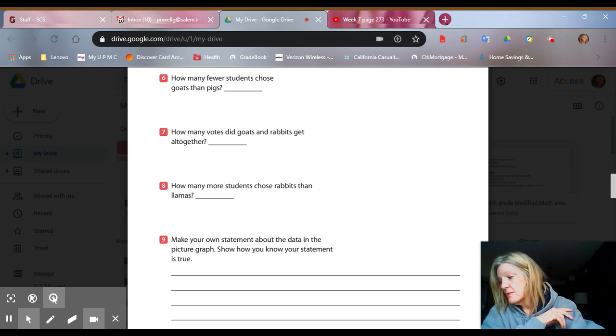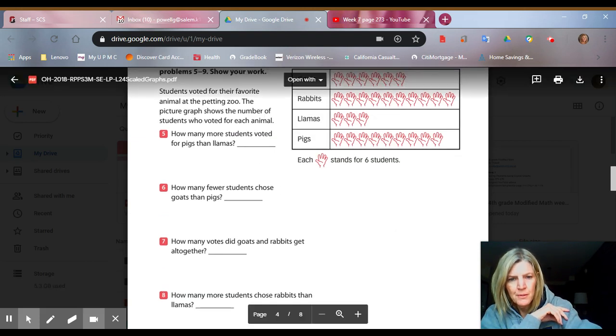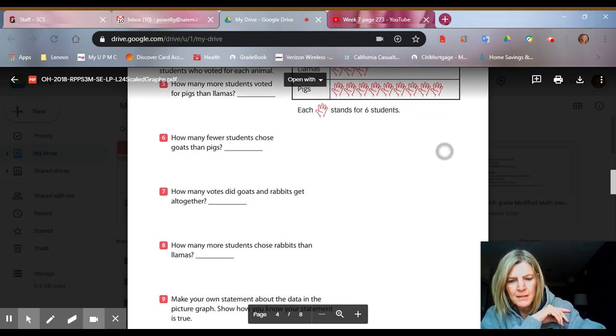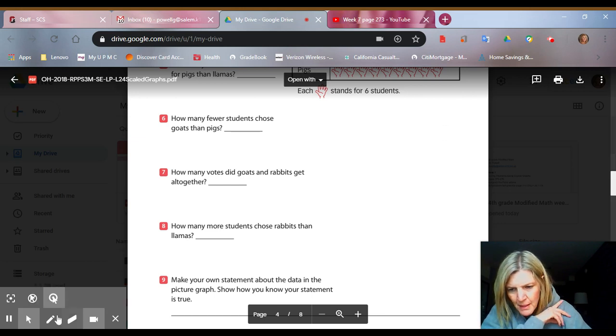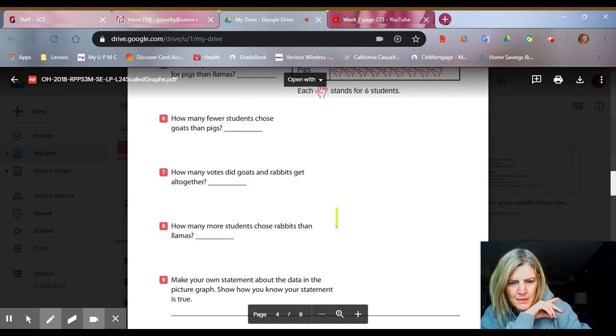So rabbits, there were 1, 2, 3, 4, 5, 6, 7, 8, 9, 10. 10 symbols for rabbits times 6 for each symbol is 60. I already figured that out.